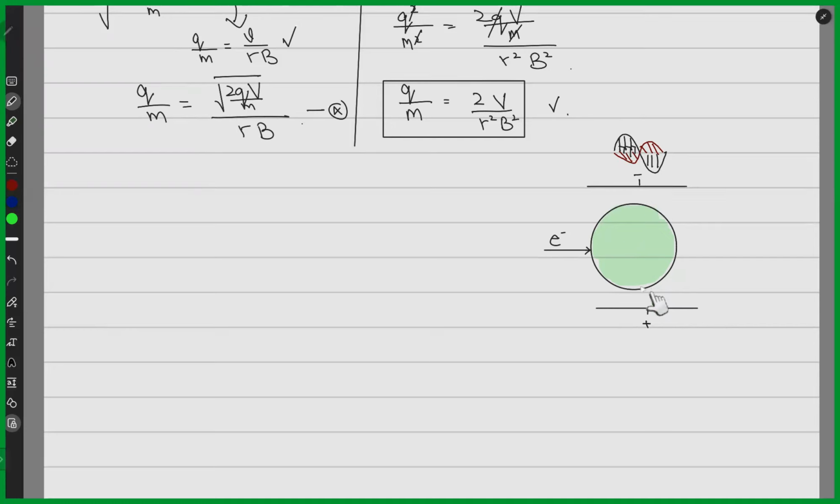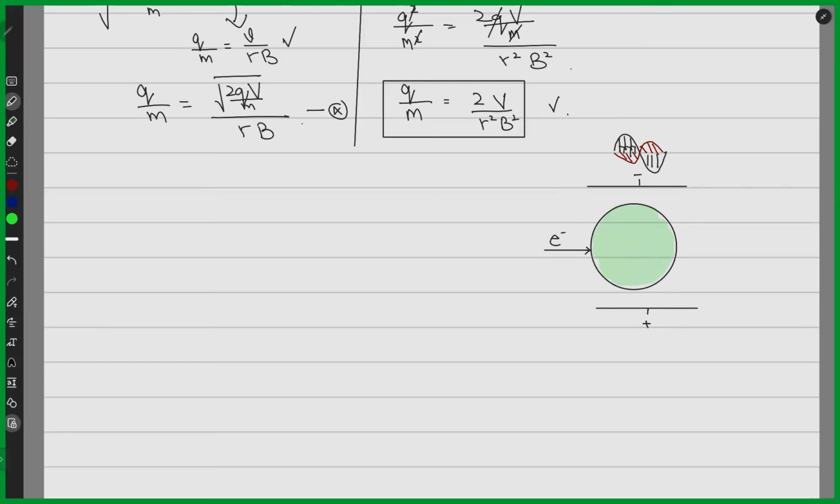The electric field would be going from positive to negative. However, you remember that this is an electron we're talking about, which carries a negative charge. So the force that it would be experiencing is downwards.